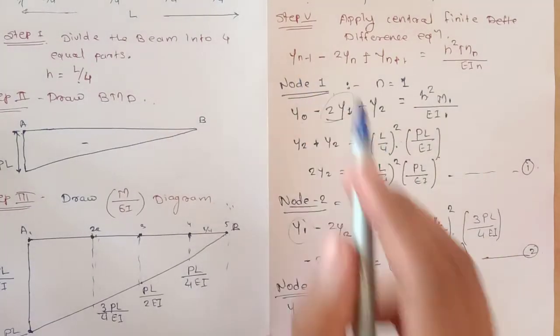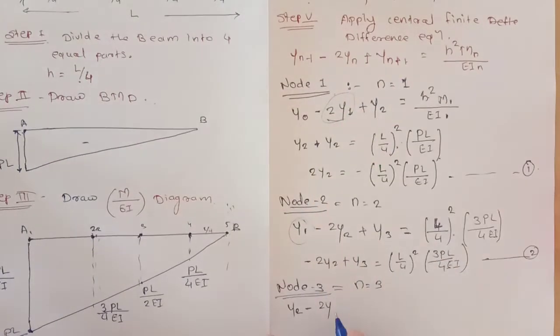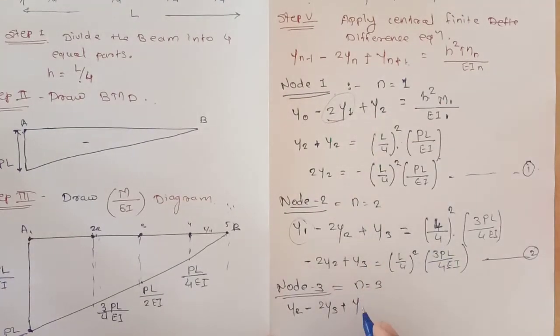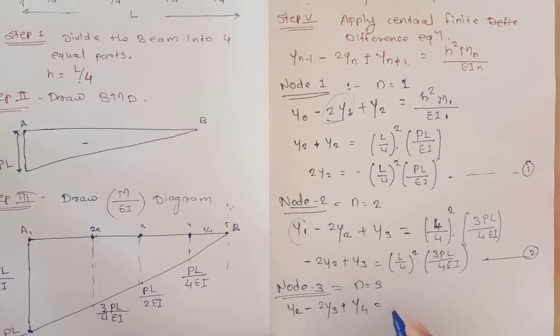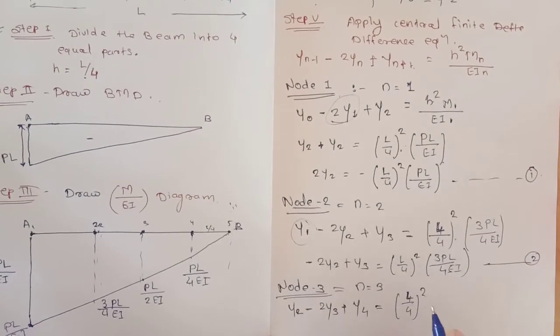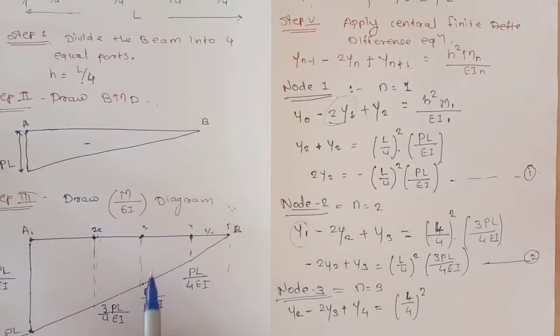Y n minus 1, that is 3 minus 1, is nothing but y2, minus 2y base to n is 3, plus y n plus 1, that means 3 plus 1 is nothing but 4, is equal to h, which is L by 4 square, into the moment at third node point, that is PL divided by 2EI.